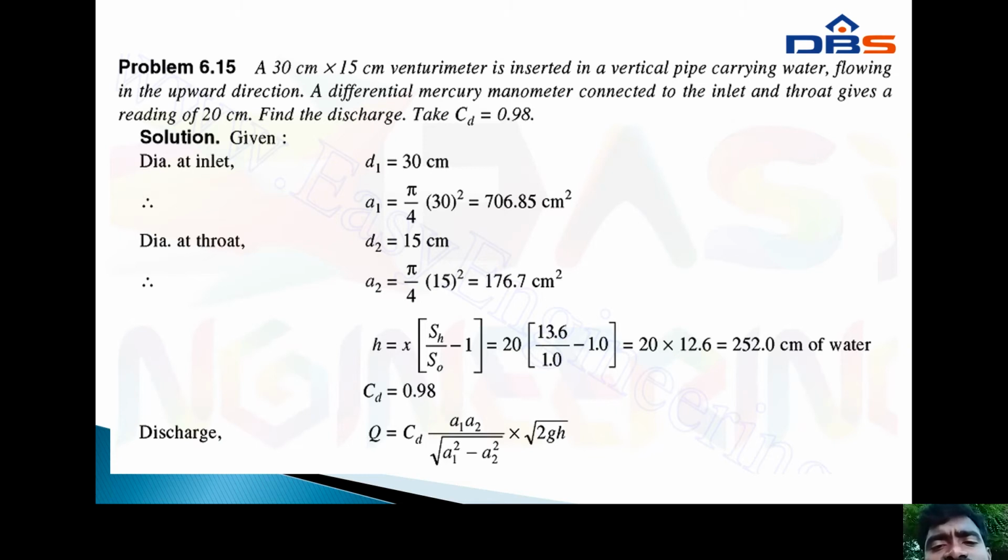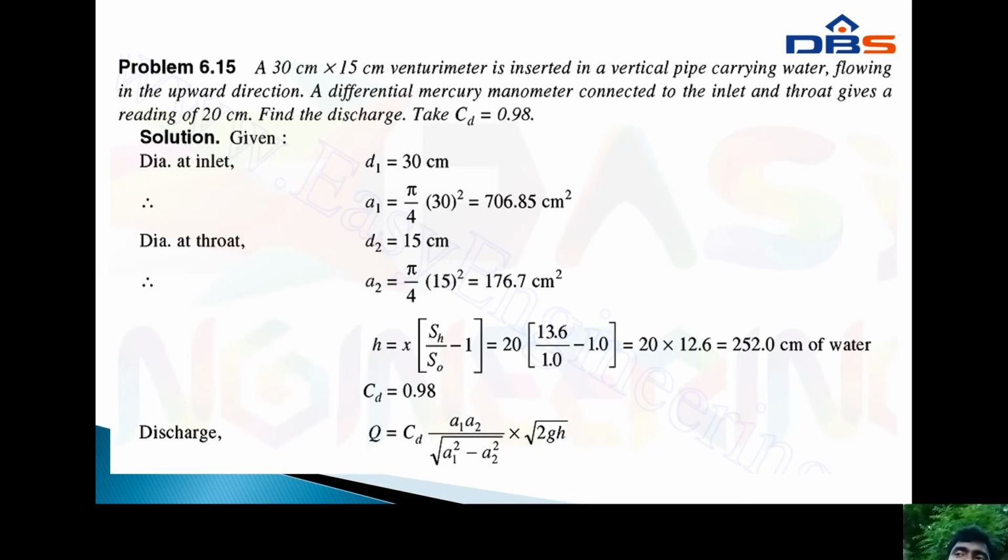A differential mercury manometer connected to the inlet and throat gives a reading of 20 centimeters. Find the discharge. Take CD equal to 0.98. Dia at inlet D1 equal to 30 centimeters.